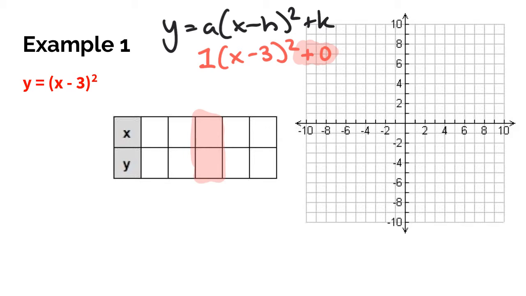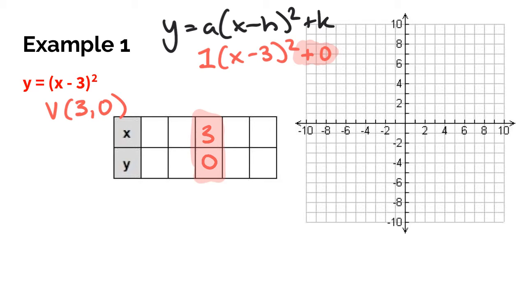Based on this formula, my vertex is going to be at the point 3, 0. I get the 3 from this value because it says minus 3, and because there's no value here, k is 0. So I'm going to have 3, 0 as my vertex, which is automatically going to be the middle value of my table.